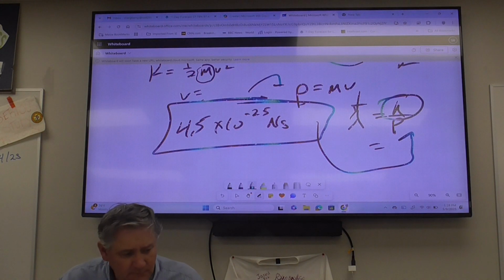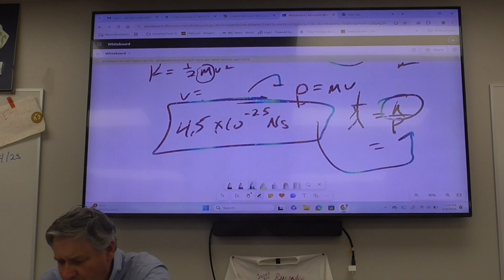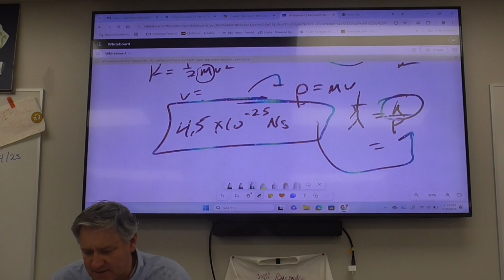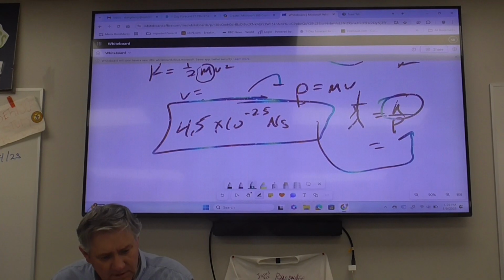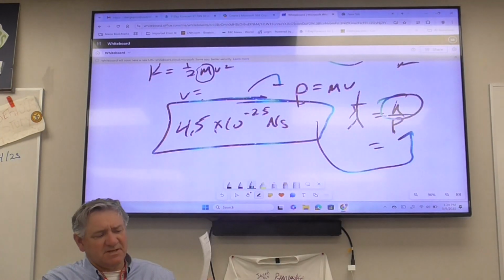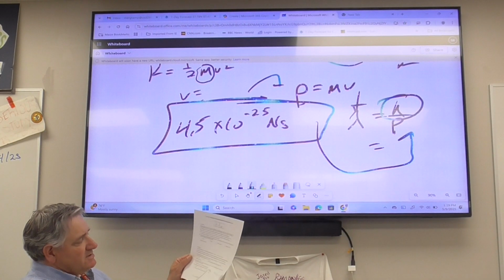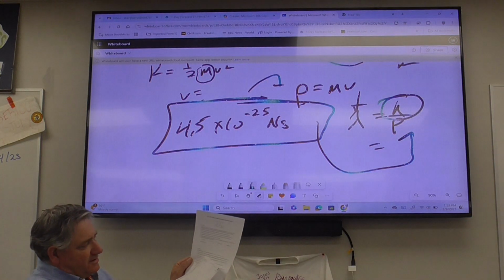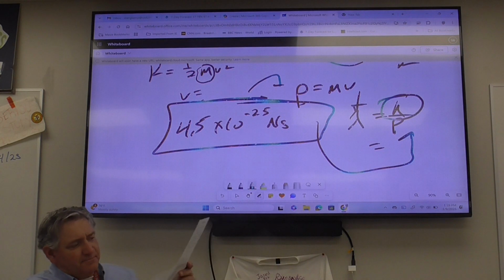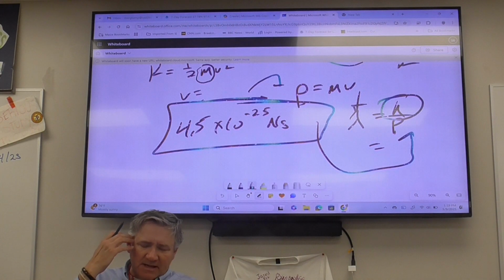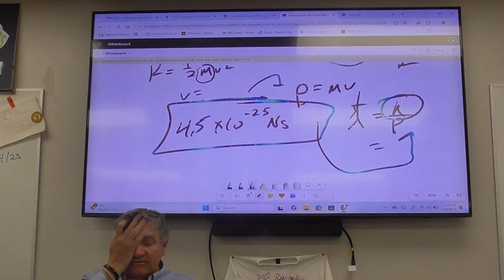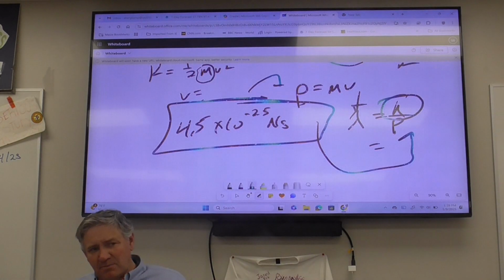So let's go to 2011, number 6, the bottom number 6, because that's the hard one. It says the allowed energies of a simple hypothetical atom. It's rare that they do that, but basically the values are negative, but don't get hung up on that.